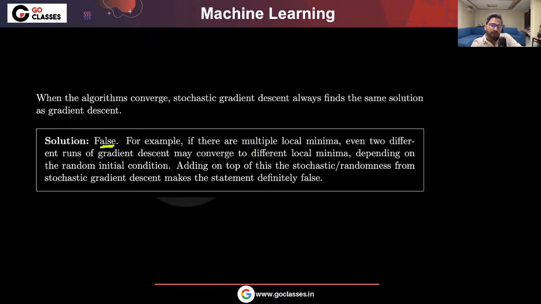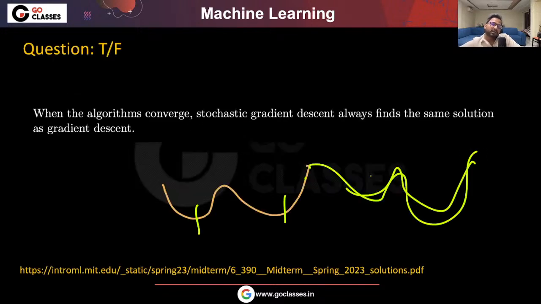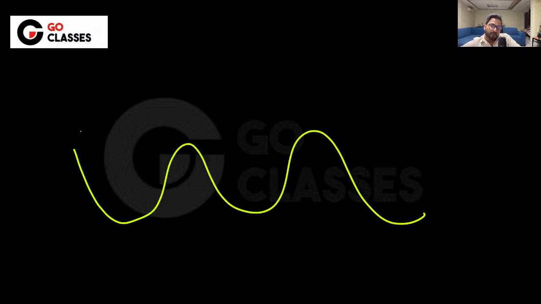For example, if there are multiple local minimas, then, forget about two different algorithms, even if you run the same gradient descent two times, it is not guaranteed that both runs will give you the same minima. One time I run gradient descent from here, it will likely converge at this particular point.